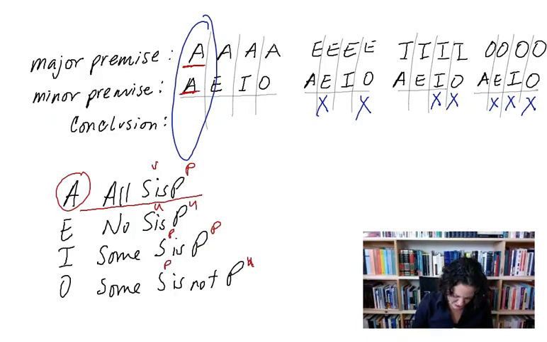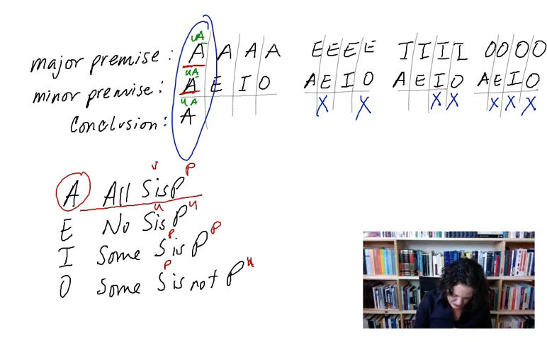So here we have a universal affirmative and a universal affirmative. So we have two affirmatives, so we're going to have an affirmative conclusion. And it doesn't say anything about two universals, but we can infer two universals yield a universal conclusion. So a universal affirmative is A. Okay, that's how we get that.